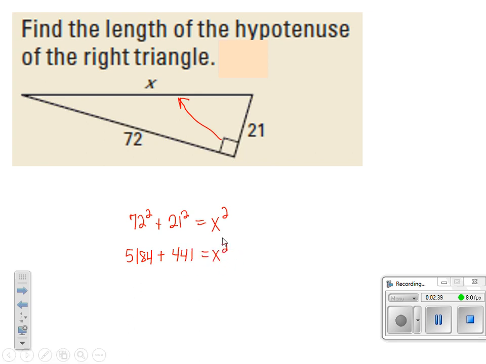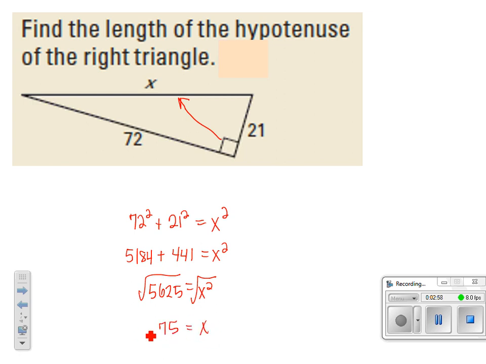Add those two together and I would get 5625, square root both sides, and I would get x equals 75.